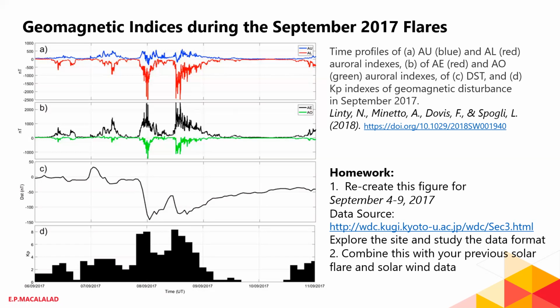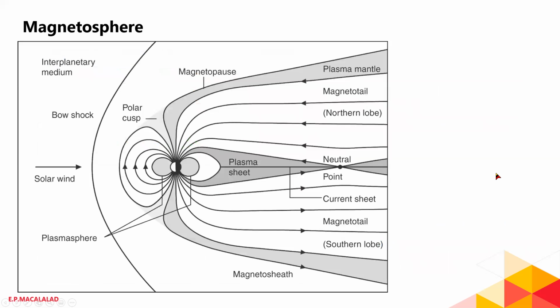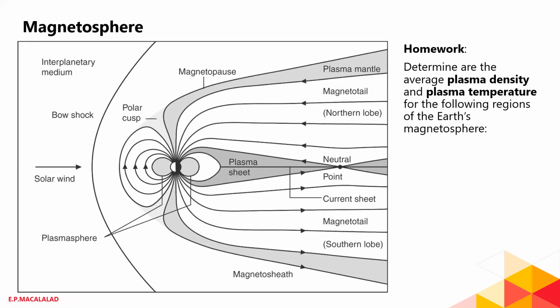Now, do you follow? So this is a separate submission. And then your last homework for the semester will be this: I just want you to determine the typical values of the plasma density as well as the plasma temperature.